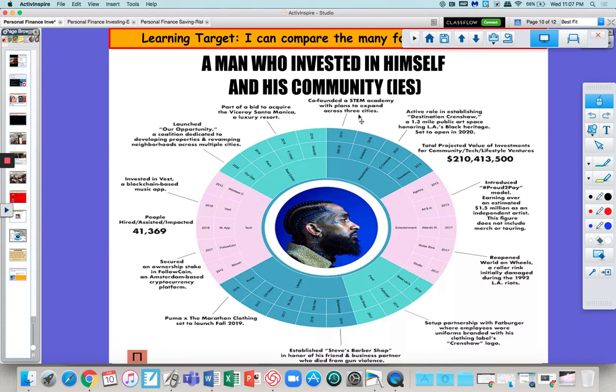He co-founded a school. He reopened a roller rink, right? And what they found with all of Nipsey's investments in the community, the value of his investments, because even though he was killed, his investments are still making money, is that his community is now $210 million wealthier than it was before he did that.